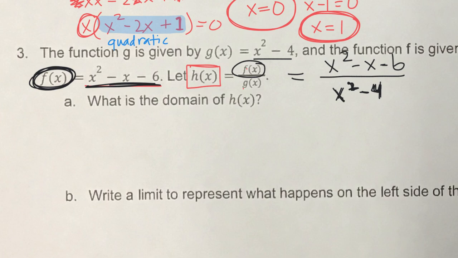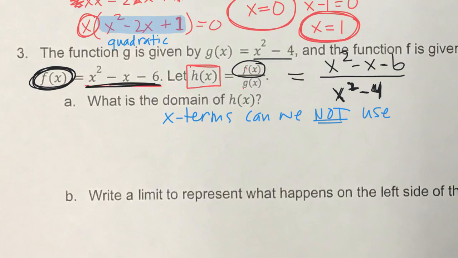Okay, so what is the domain of h? Domain is talking about x terms. What x terms can we not use? That's what we're trying to figure out when we're talking about domain. We think about domain as like dietary restrictions. What things can you not eat?